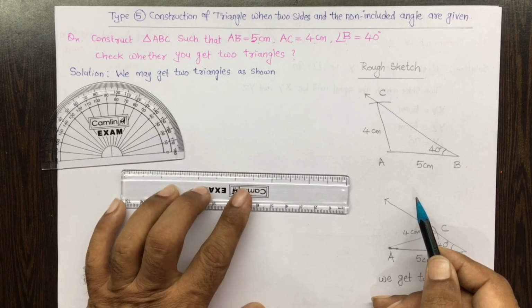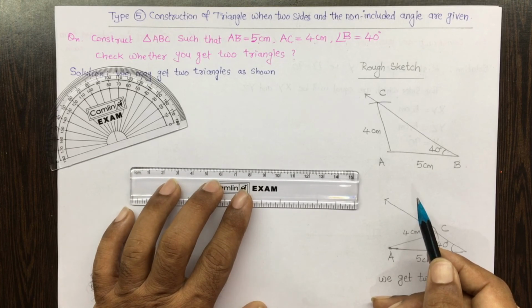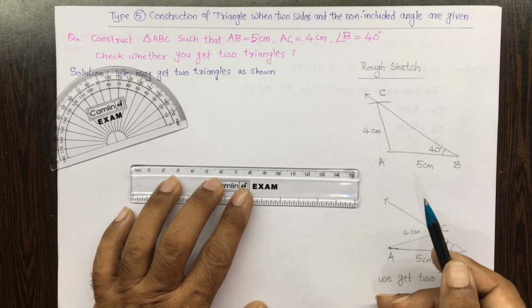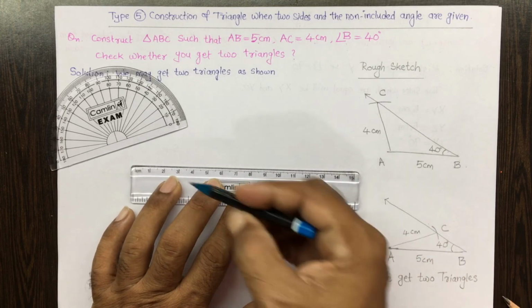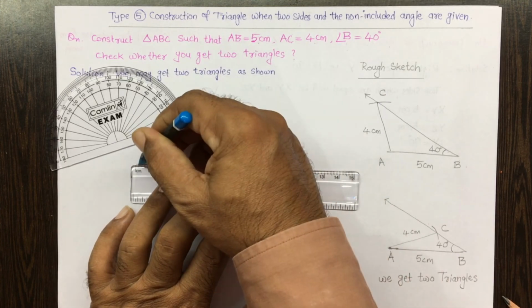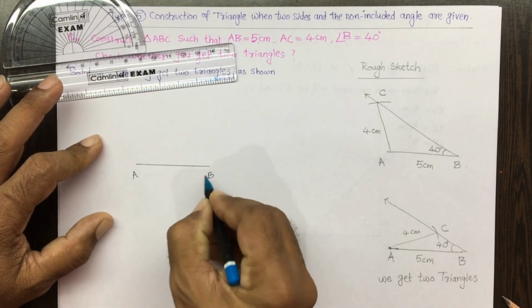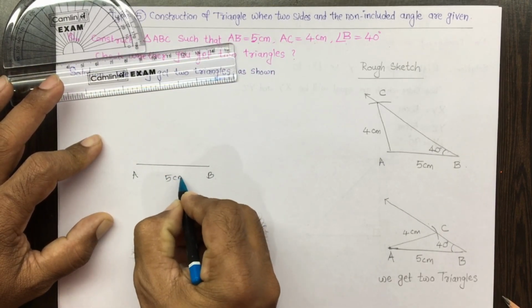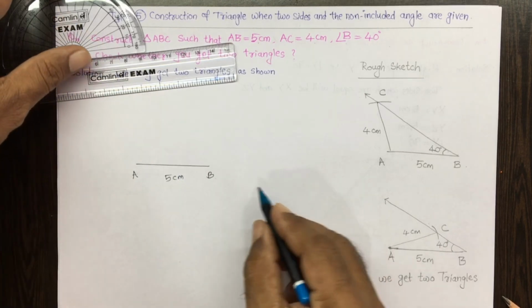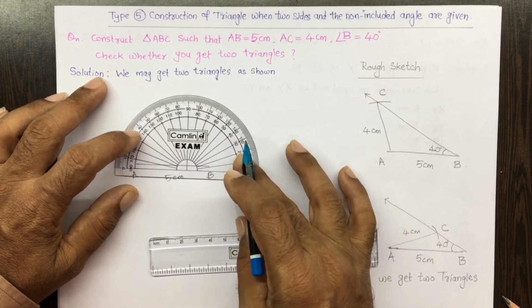So, let us draw AB first. AB 5 centimeters, point A to point B is 5 centimeters length, and at B we need to construct 40 degrees.